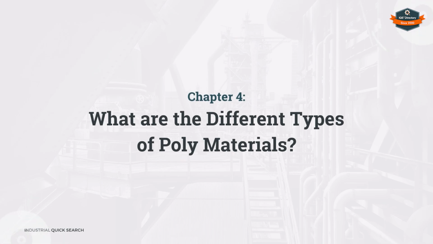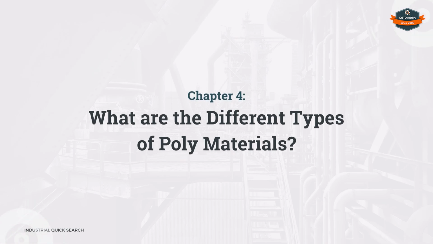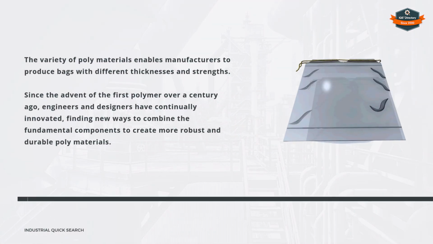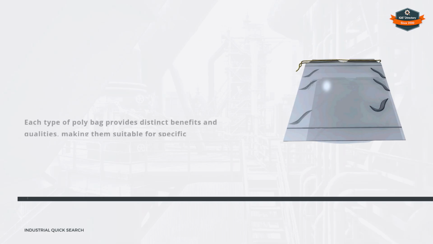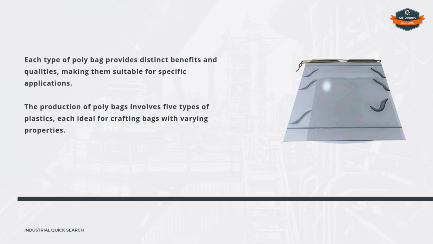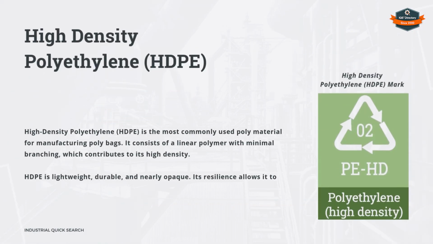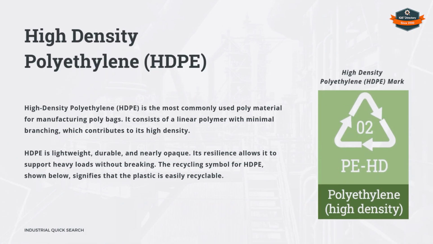Chapter 4. What are the different types of poly materials? High-density polyethylene, HDPE.